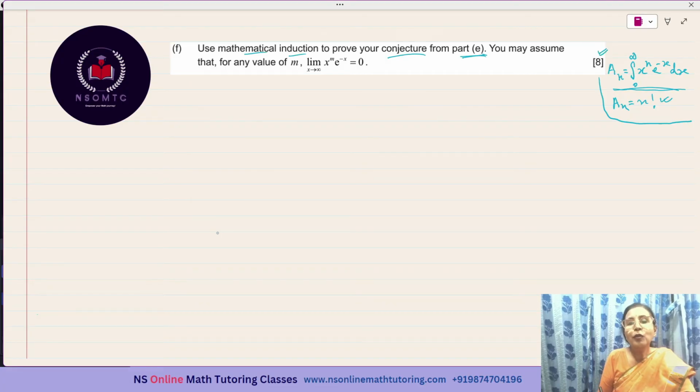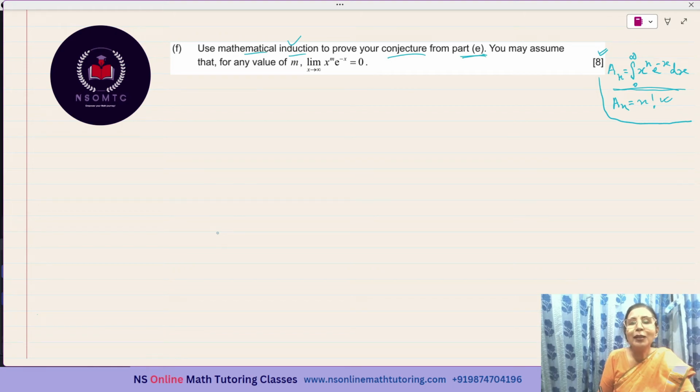But if you don't know what an is equal to in terms of n, then even if you know how to prove using the mathematical induction process, you will not be able to prove, because you will not know what to prove. Okay, so that is why subpart E is very crucial, very important.